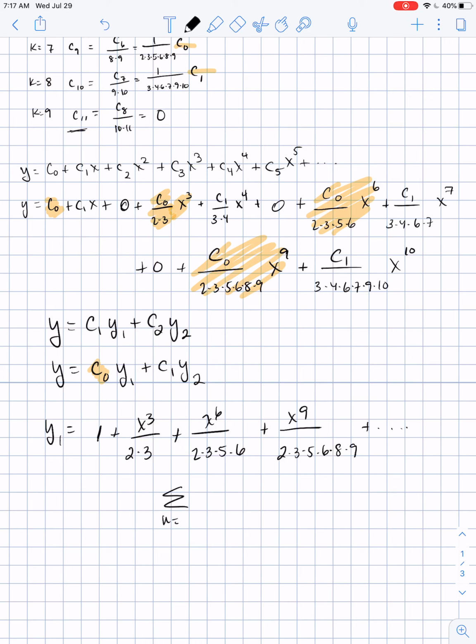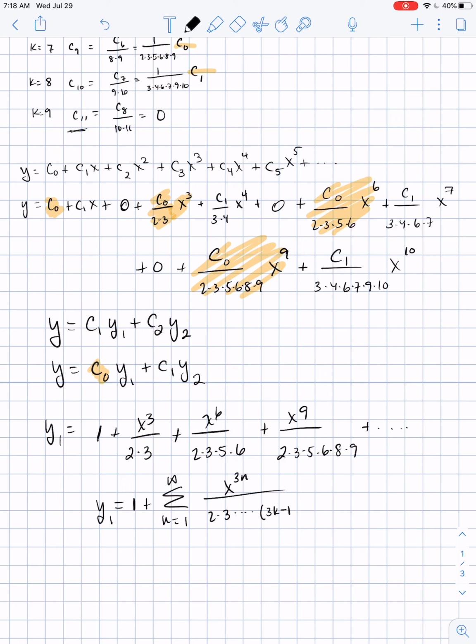If you're writing y1 as a power series, you would do 1 plus, and then you can write it as a power series, but I don't really like it. It would be like x to the 3n over 2 times 3 times dot dot dot, and then 3k minus 1, right?